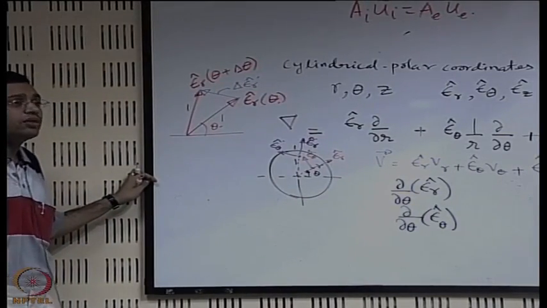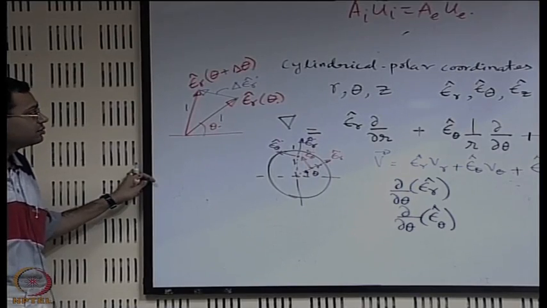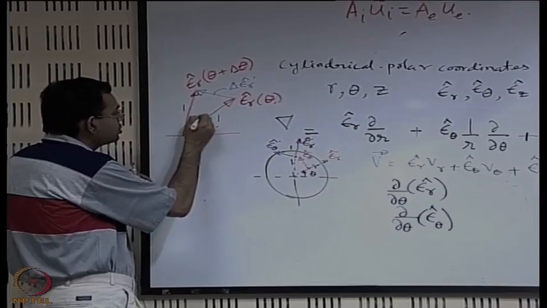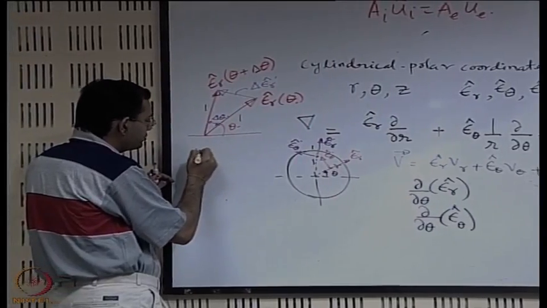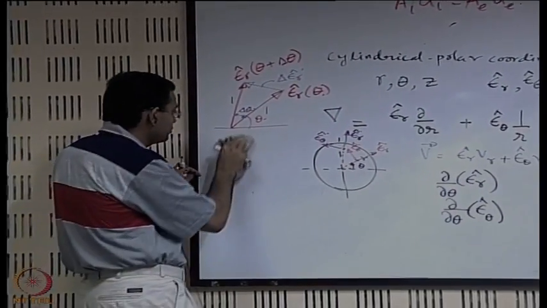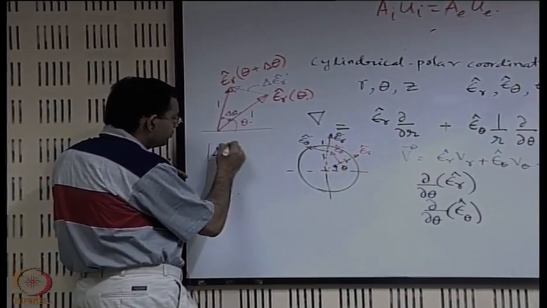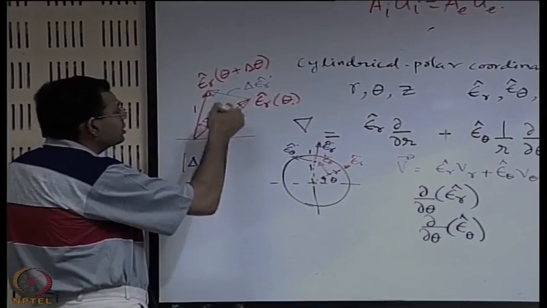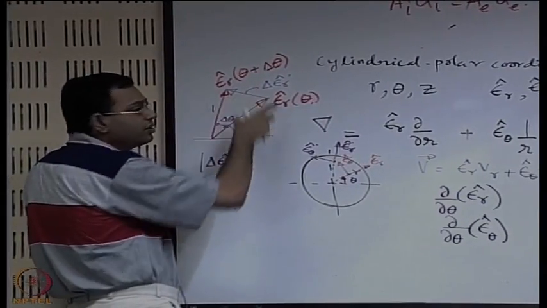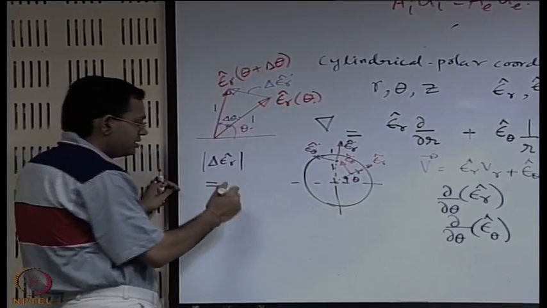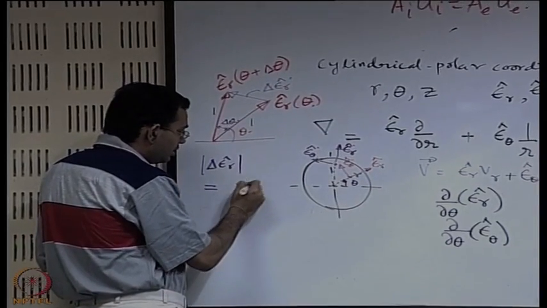What is the magnitude of this delta epsilon r? If this angle is delta theta, the magnitude of delta epsilon r is like 1 into delta theta. For small delta theta it is just like the arc of a circle, so it is 1 into delta theta.